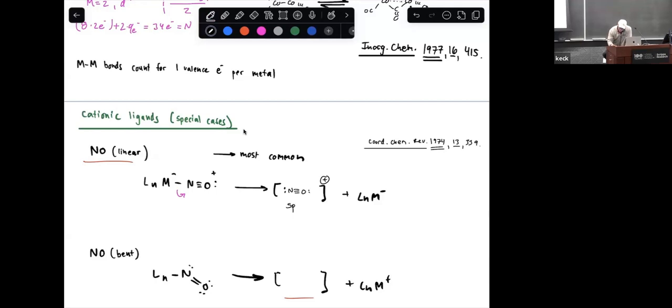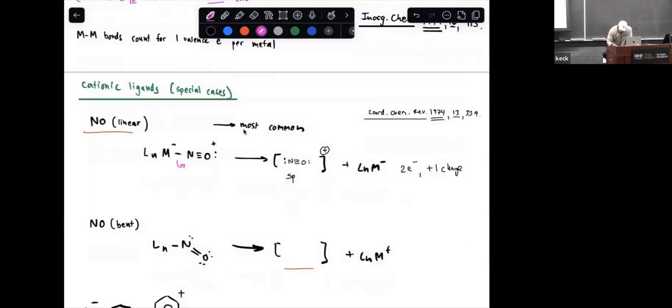So the nitrogen is sp hybridized. That means it's forming a triple bond to oxygen. From here, it's not too much of a stretch to think it's kind of like an L-type ligand, but it has this weird trait of bringing positive charge. And that's indeed how you can electron count it. It's L-type, but has this asterisk that it brings a positive charge to the party.